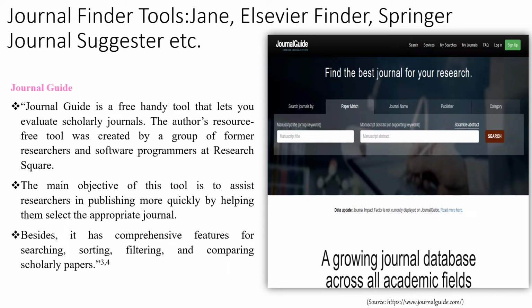The main objective of this tool is to assist researchers in publishing more quickly by helping them to select the appropriate journal. Besides this, it has comprehensive features for searching, sorting, filtering, and comparing scholarly papers. So it comes with advanced features where you can search, sort, filter, and compare your scholarly papers.